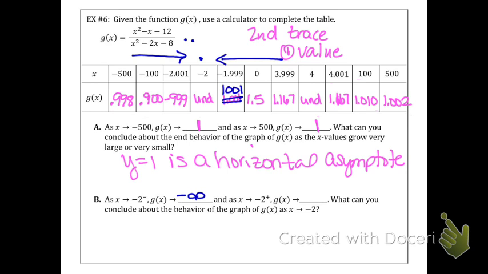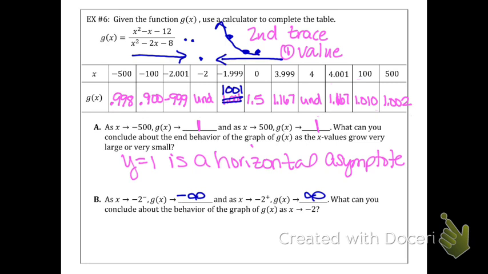So I see what's happening is that these first two, the 3.999 and the 0 are really close, but then at negative 1.999, my graph is going to jump up. So therefore, we're going to go up into a positive infinity. I am so sorry about that. So what we were saying there is as x approaches -2 from the right, our y values are going to go up to positive infinity.